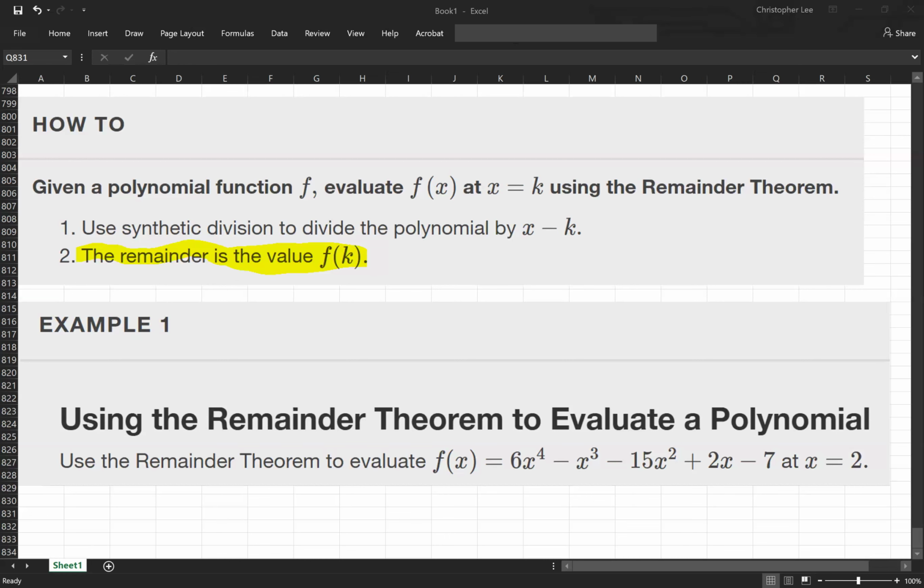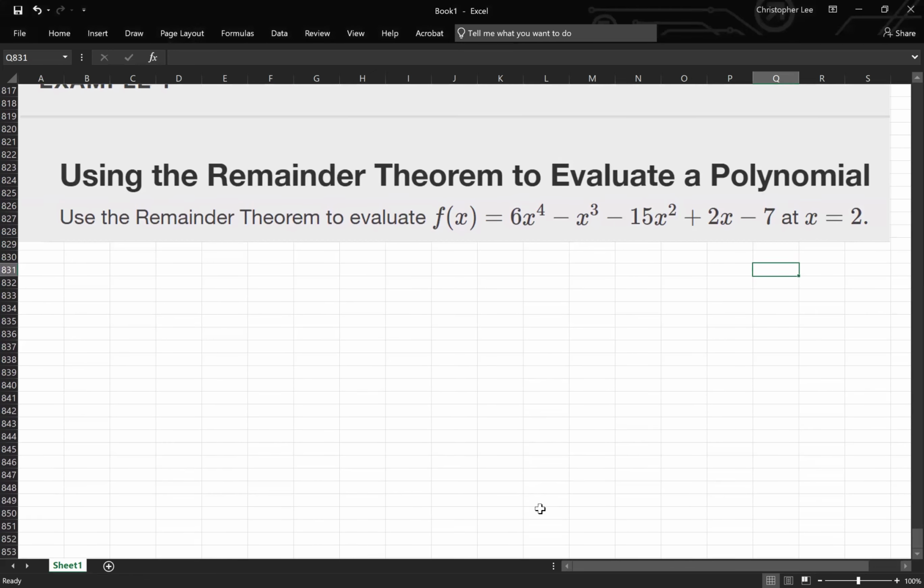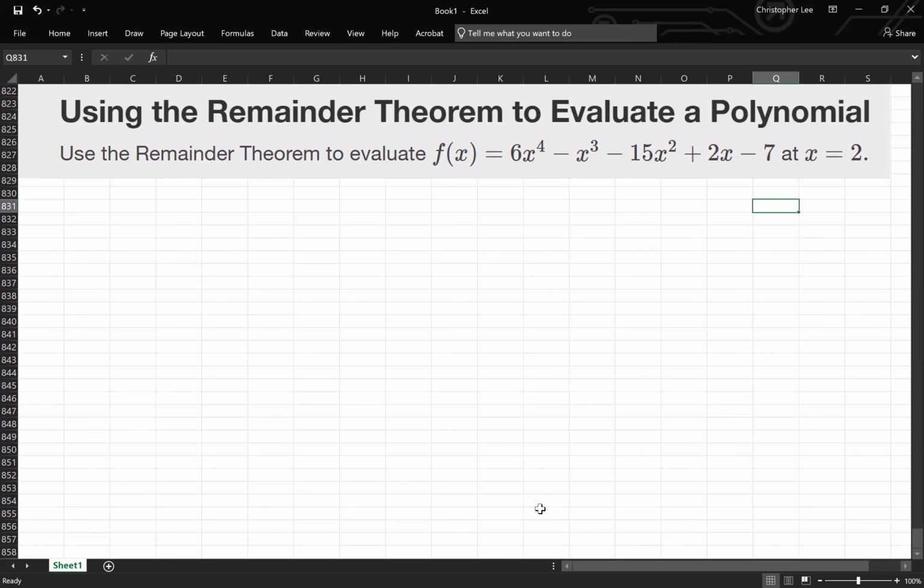All right, let's take a look. Now I'm only using synthetic division because they told me to. But if it was me on the test, I'd use long division. Anyway, let's do it.